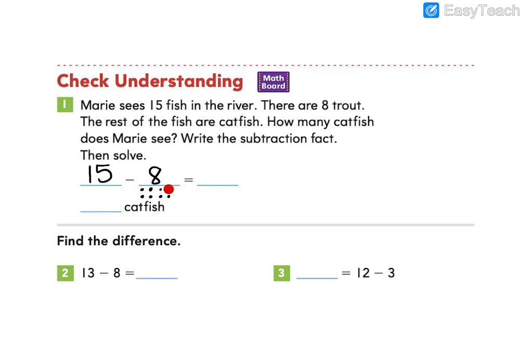I drew dots to help me remember how many I'd counted back. So I've counted back 8 and found that 15 minus 8 was 7. So I know that she sees 7 catfish.